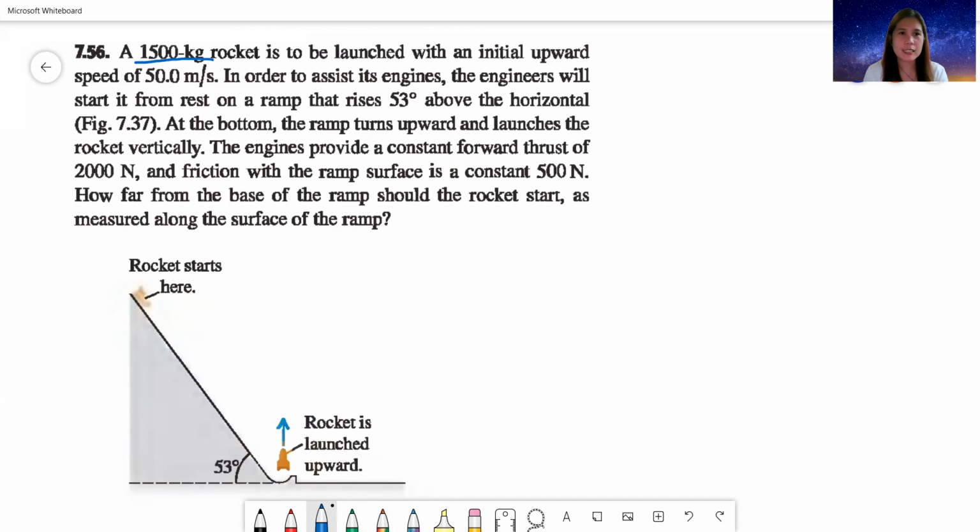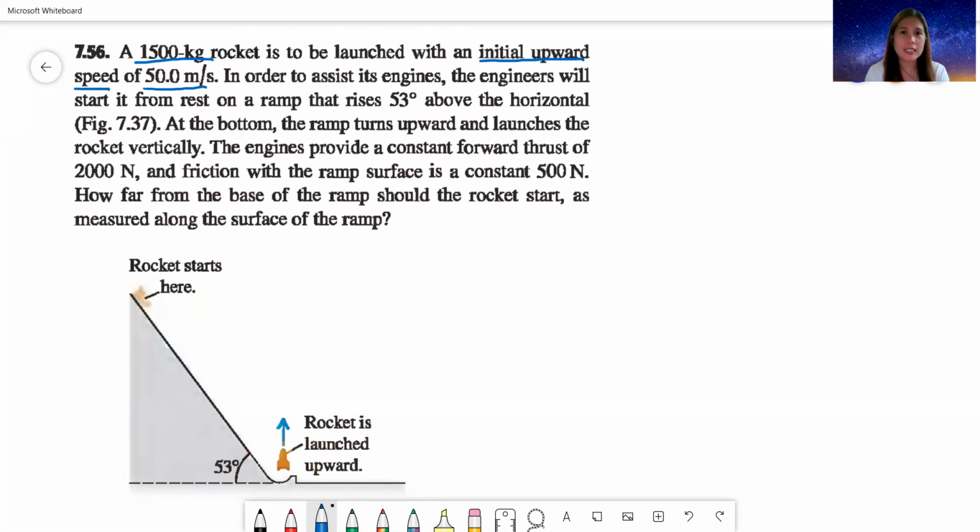And then it says here that it is to be launched with an initial upward speed of 50 meters per second. So do not be confused with the word initial here, no? Do not be confused na you will equate it as the initial speed of the rocket at the top of the ramp.